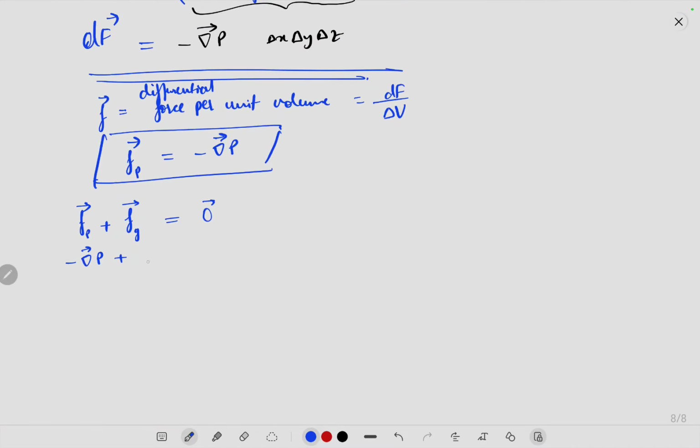So this Fg will be given by the density. This is the force per unit volume, so it will be simply written as rho times g vector, equal to 0 vector. Grad P will be equal to rho times g vector, right?